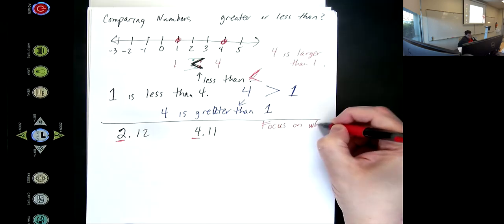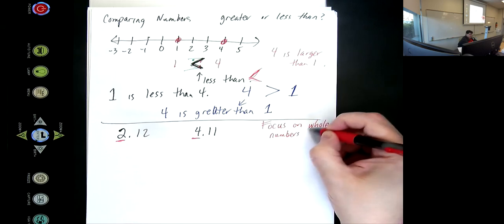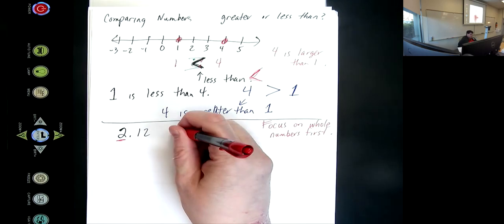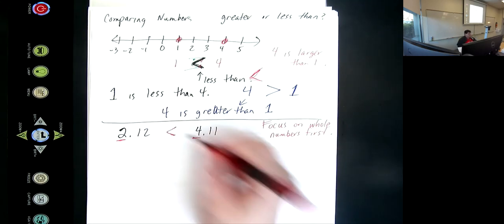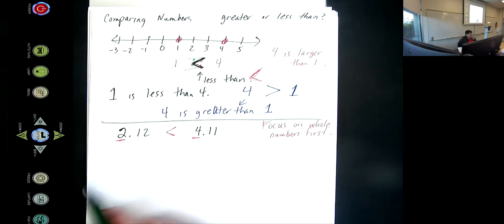These are called the whole numbers. Focus on whole numbers first. In this case, 4 is greater than 2. So we're gonna make the alligator go that way. Even though if we look at the decimals, 12 is bigger than 11, that's completely irrelevant. It's the whole number that matters first.